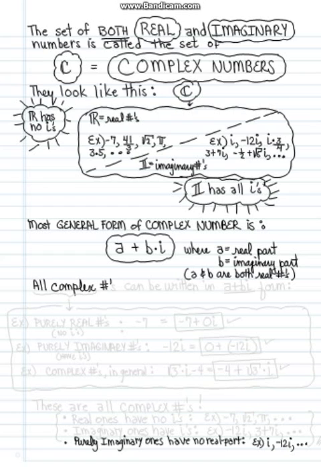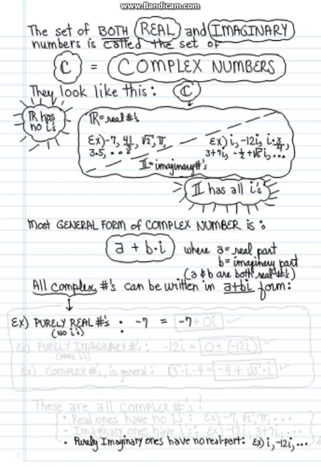Now, all complex numbers can be written in this form. Let me show you. The purely real number. So think about it. To be purely real is just to be a real number, basically. I call it purely, but it's just a real number because it contains no i. So a real number, or a purely real number, has no i's. An example would be -7. -7 is a real number because it contains no i's. But how would you write that in a plus b times i form?